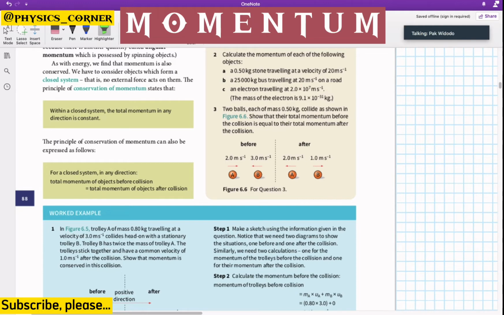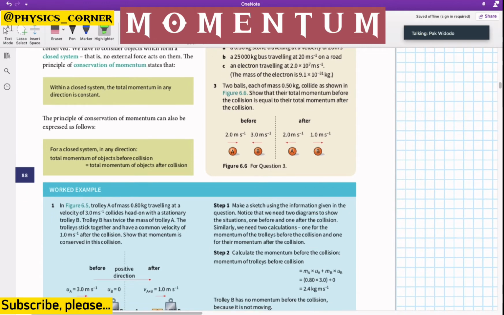Each mass is the same. Without writing out how to solve this, you see 0.5 times 2 minus 0.5 times 3, the same as negative 0.5, equals 0.5 times 2 plus 0.5 times 1. Sorry, negative. So the momentum on the left side is the same as the momentum on the right side.